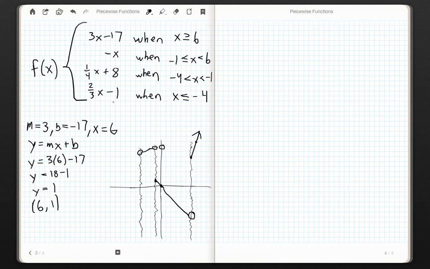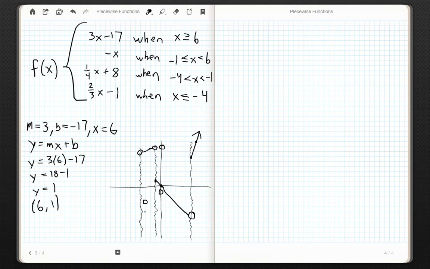And finally, this one we have y-intercept of negative 1. This time where x is less than negative 4, so all the way over here. So we got to get over there. We have a slope of 2 over 3. So instead of going up 2, right 3, we're going to go down 2, left 3. Right there.